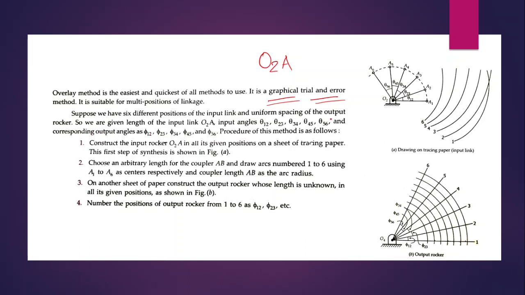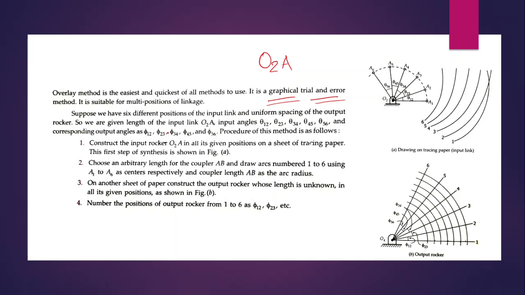These are the 6 input angles. Theta 12 is the angle between the first position and second position. Theta 23 is the angle between the second position and third position, etc. And the corresponding output angles phi 12, phi 23, phi 34, phi 45, phi 56 are also given.